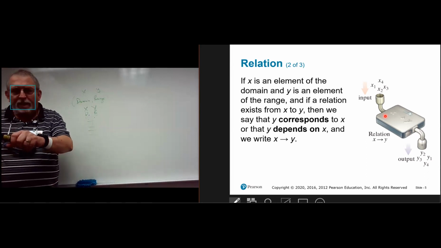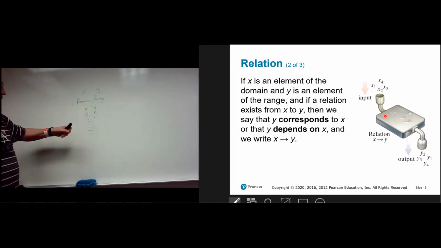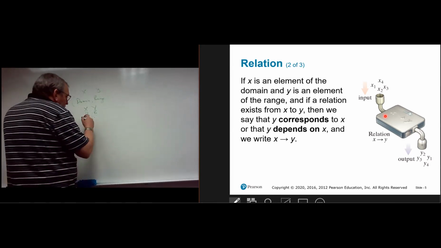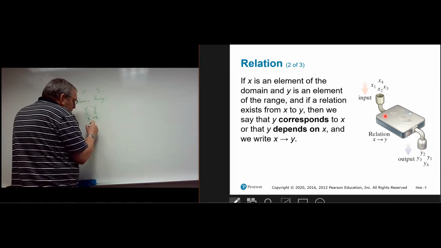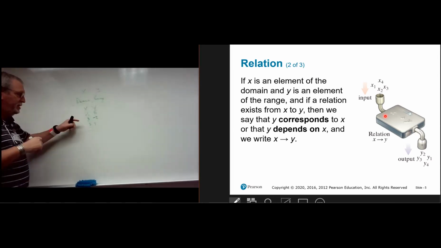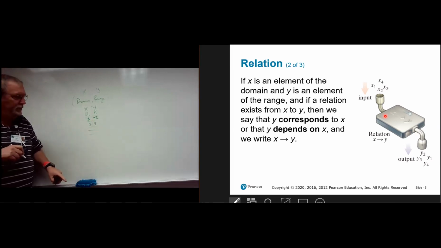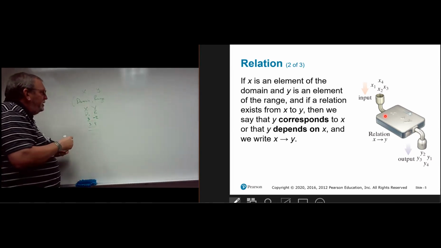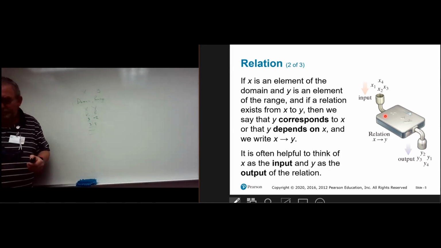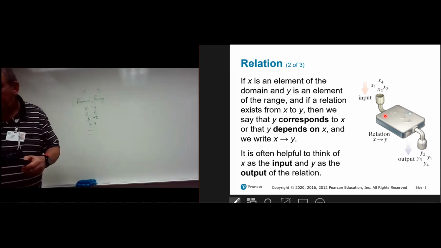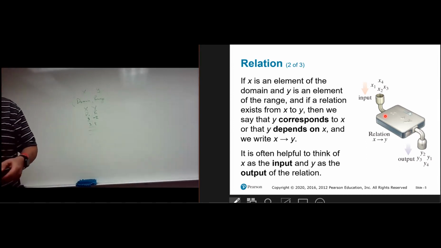Now, sometimes with a relation, the same number, like if I put 3 in, I get a -2, or I can put 3 in, I get a +9. Sometimes 3 gives us more than one number. With a relation that can happen. It is often helpful to think of the X as the input and the Y as the output.